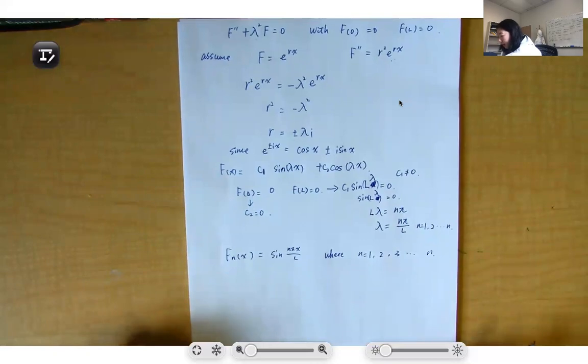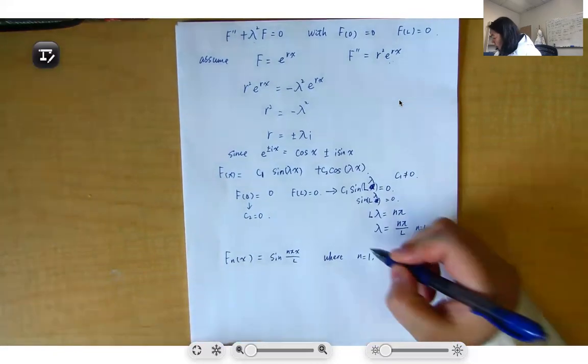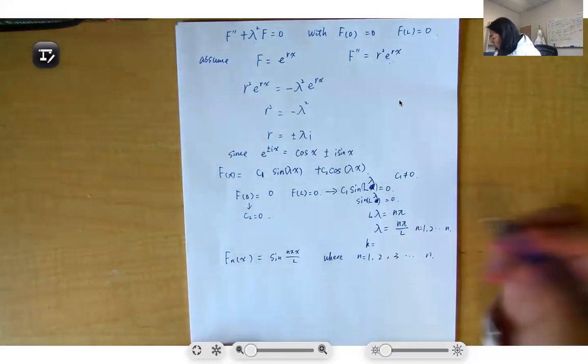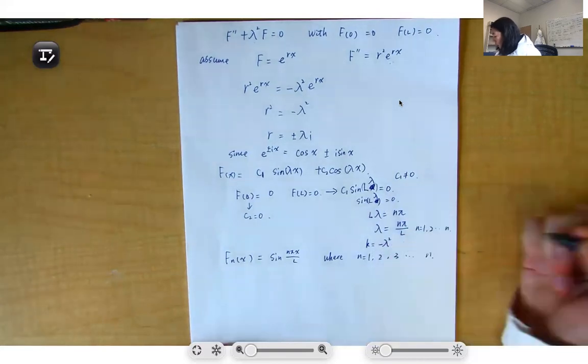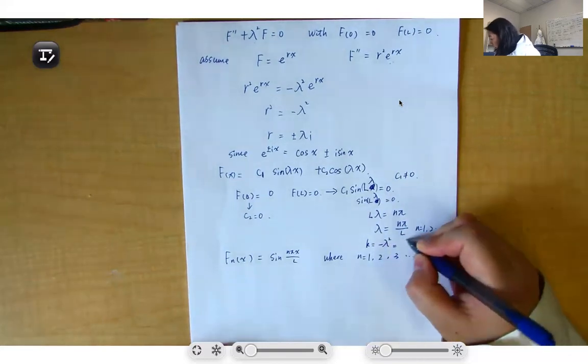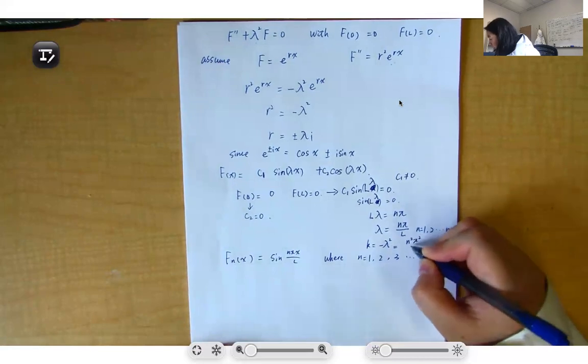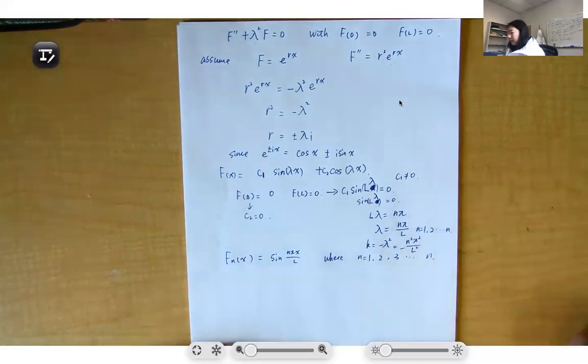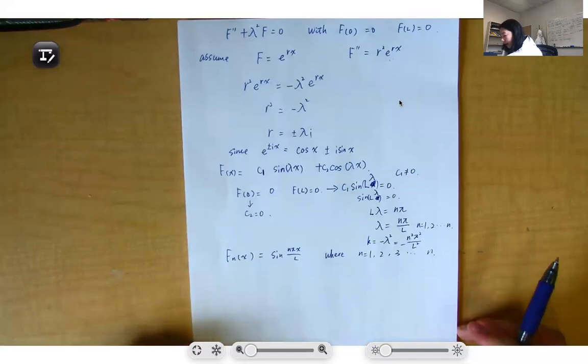And what is our k? The k is equal to minus lambda squared, so it will be equal to minus n squared π squared over L squared. Okay, so this is our k.